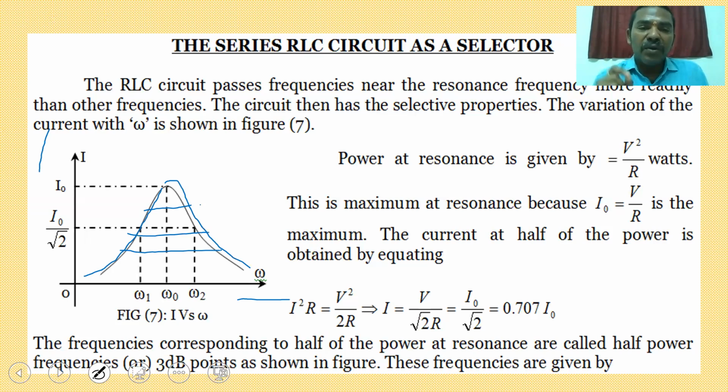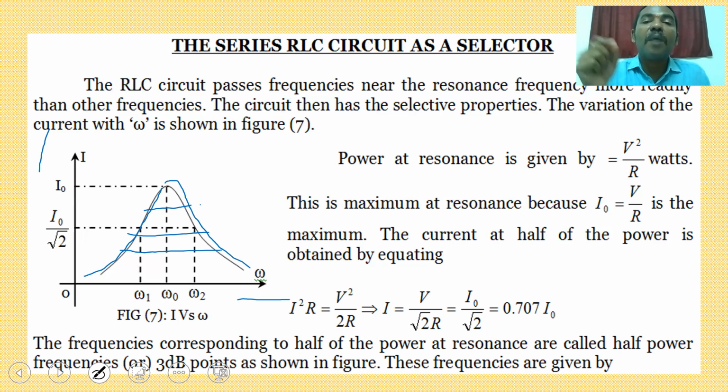Here you can go for any bandwidth, but you have to take the bandwidth at the half power condition. Why are you taking the half power condition? The maximum power is transferred from source to load when the load resistance is equal to the internal resistance, or the load impedance is equal to the complex conjugate of the internal impedance.